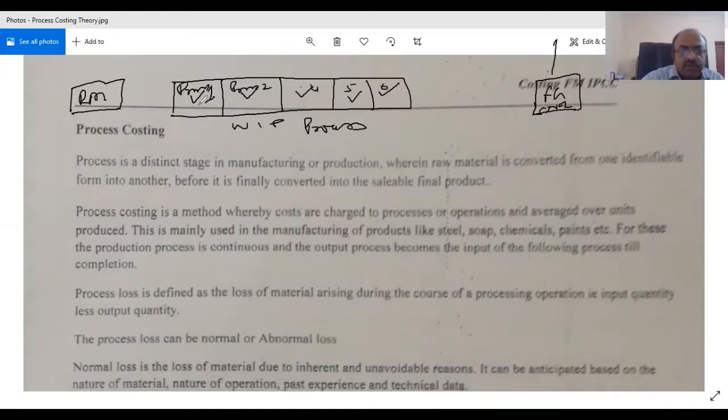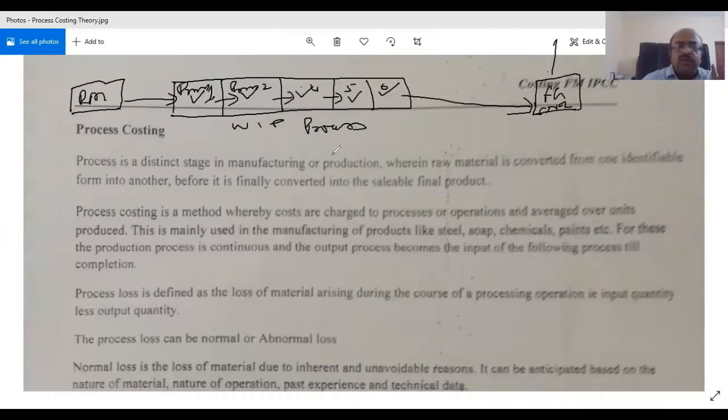From process 1, you add whatever. The output of this is your input for process 2. Whatever is output for process 4 is the input for 5, and so on. Once it is complete, then it will go to finished goods.